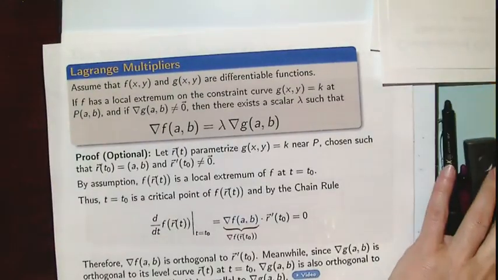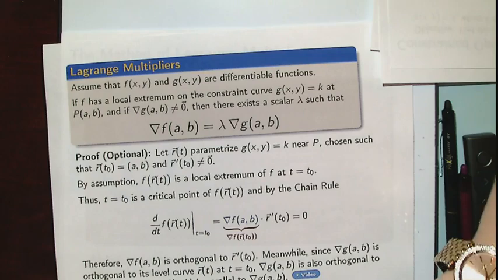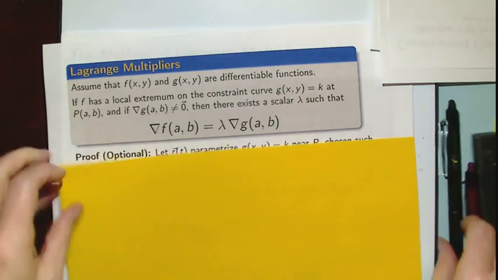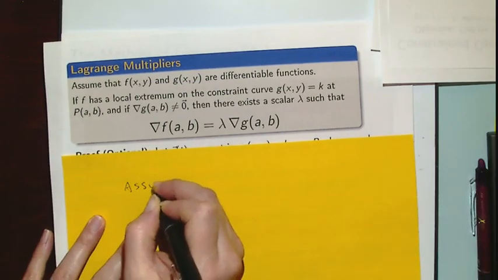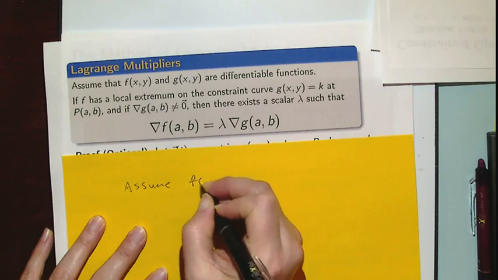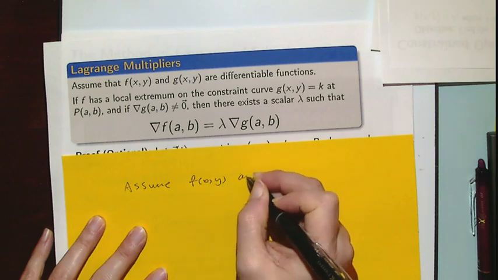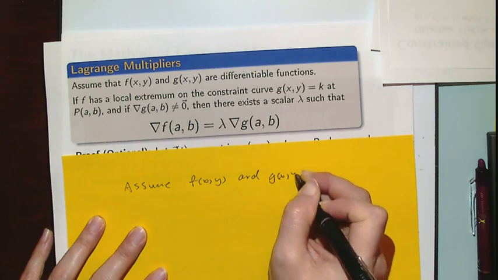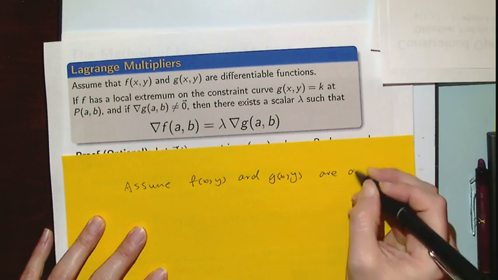And what it talks about is that, so the statement is this. Assume again f of x and y and g of x and y are differentiable.